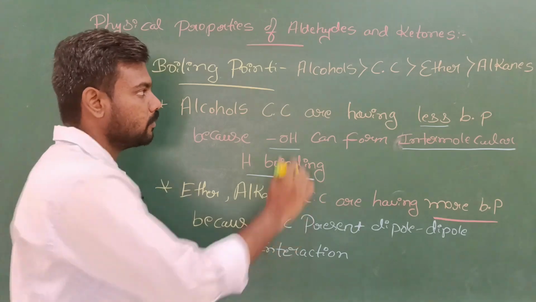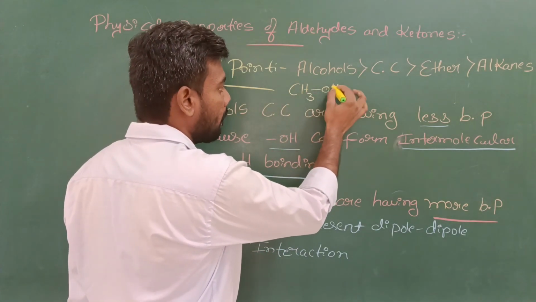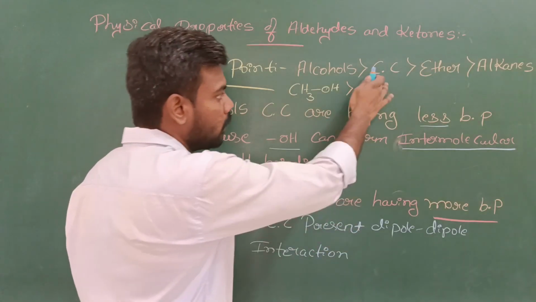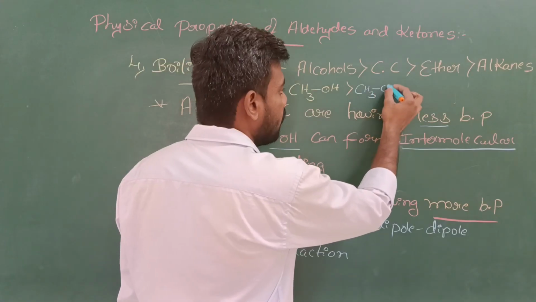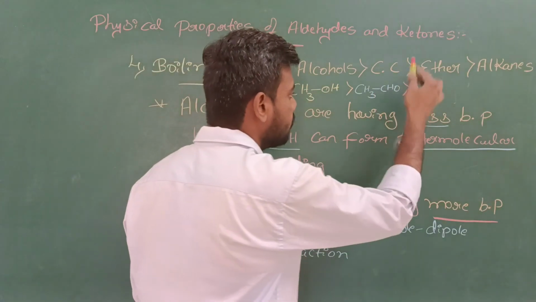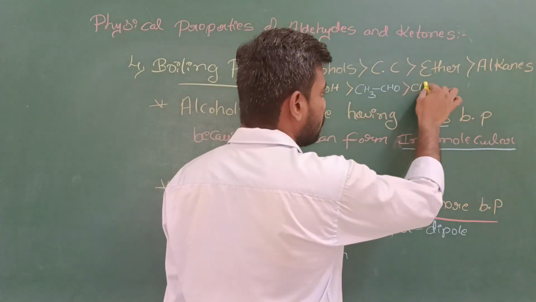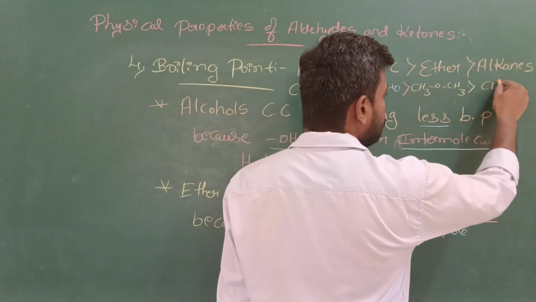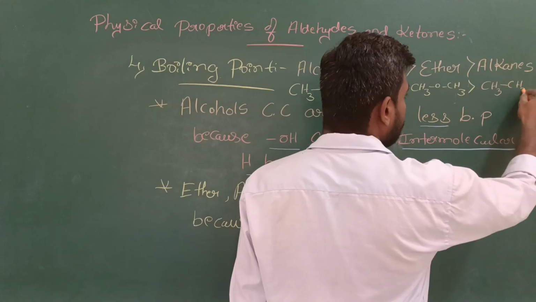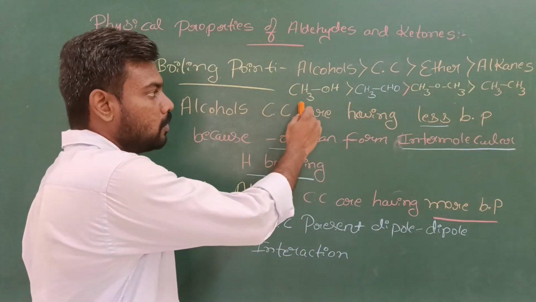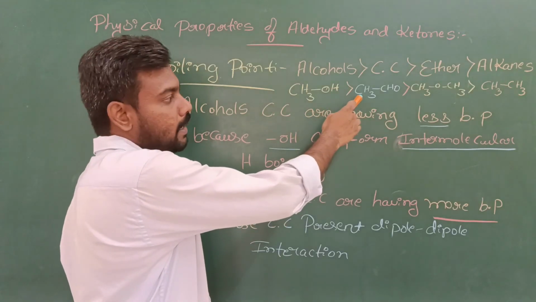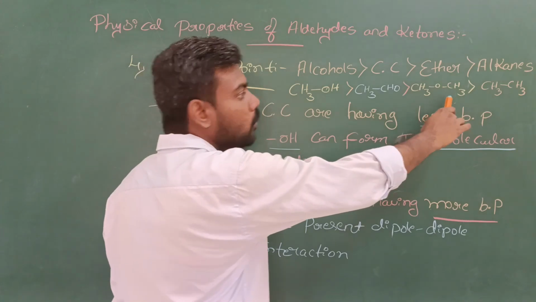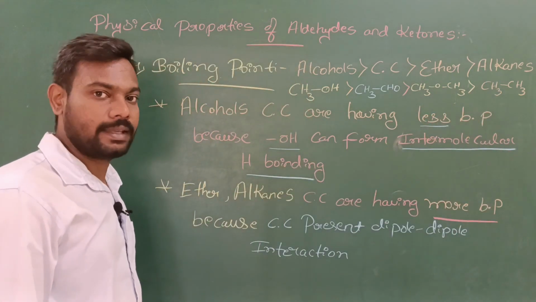For example, methanol is greater than a carbonyl compound such as ethylaldehyde, that is greater than the ether CH3OCH3, that is greater than an alkane such as CH3-CH3, that is ethane. Clear? Okay, thank you.